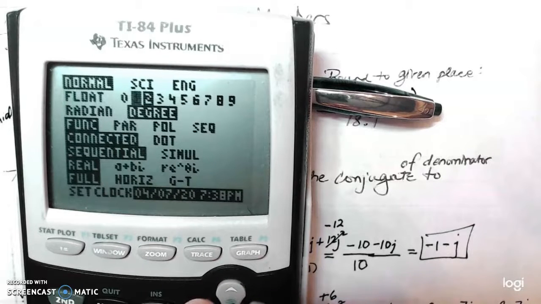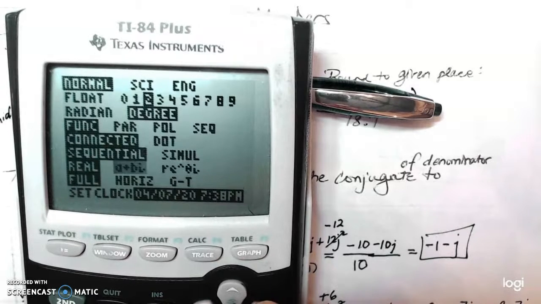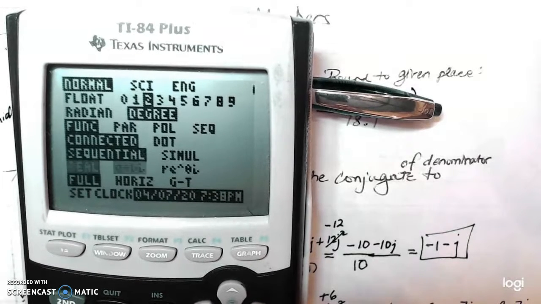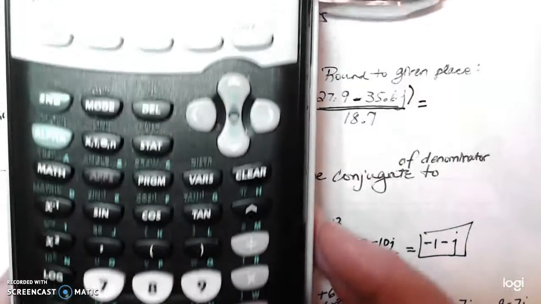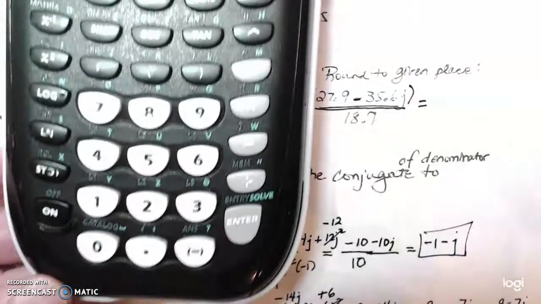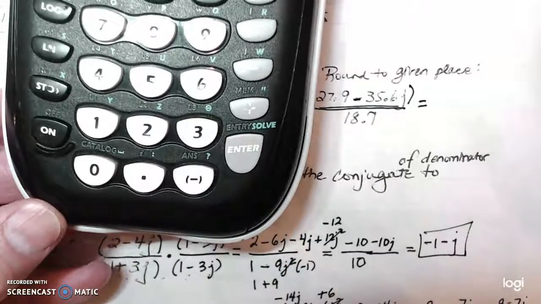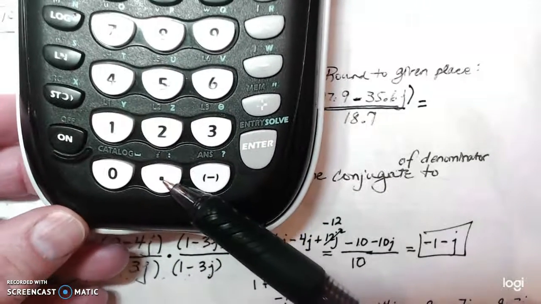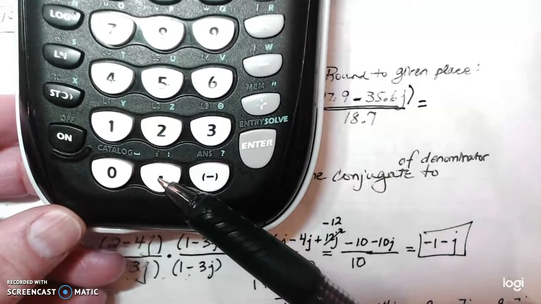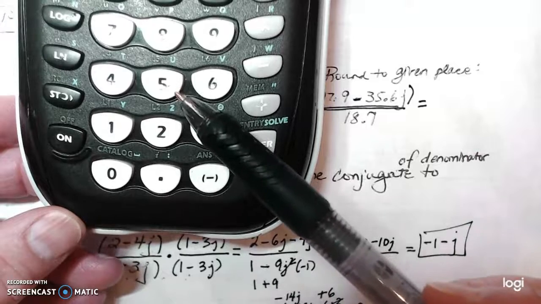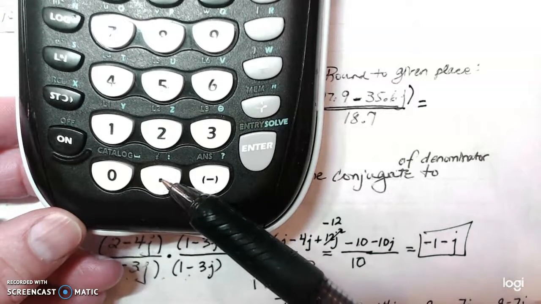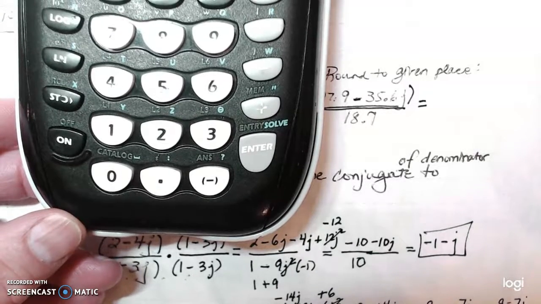And also make sure that you have selected, instead of just the real number set, you're going to be working with complex and imaginary numbers as well. And then a reminder that on this calculator, the i key is down with the decimal key, and you'll need to use second and decimal in order to enter that into your calculator.